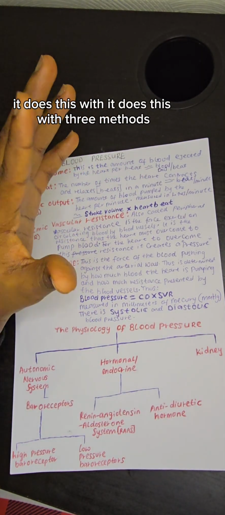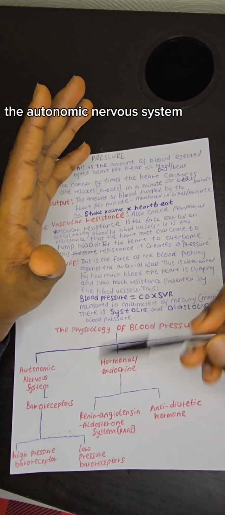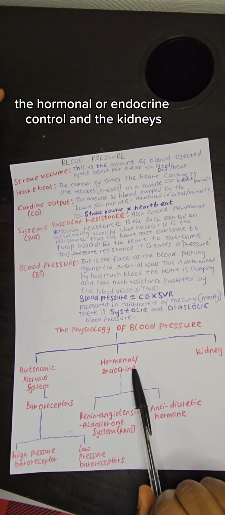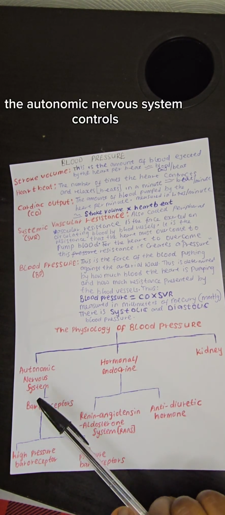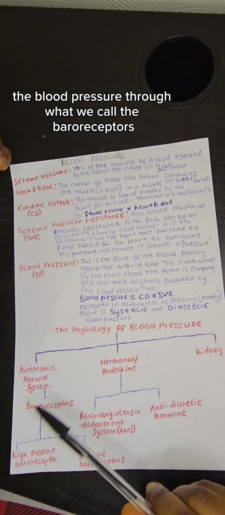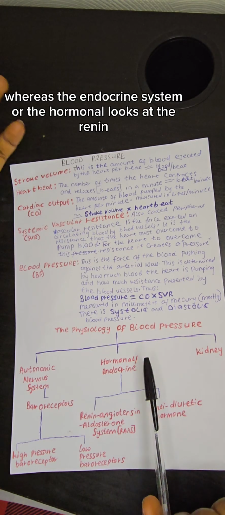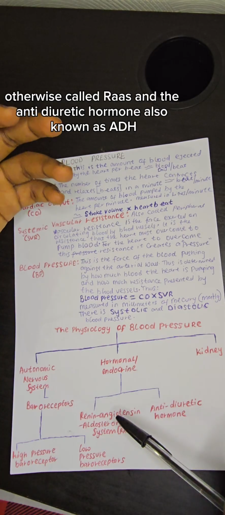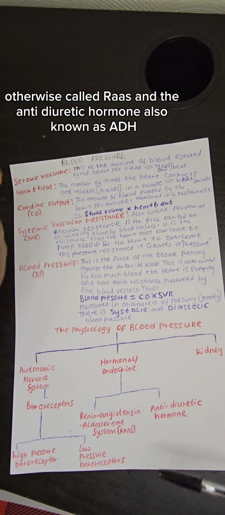It does this with three methods: the autonomic nervous system, the hormonal or endocrine control, and the kidneys. The autonomic nervous system regulates the blood pressure through what we call the baroreceptors, whereas the endocrine system looks at the renin-angiotensin-aldosterone system, otherwise called RAS, and the antidiuretic hormone, also known as ADH.